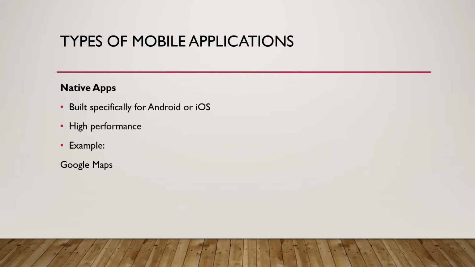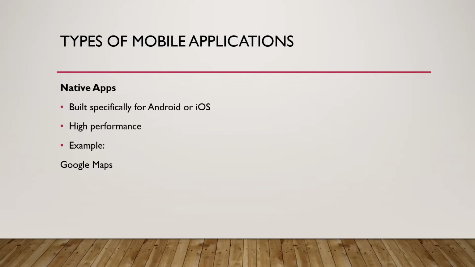We cannot use this app on any other platform. We can only use it on the Android platform. So here we have high performance. An example of a native app is Google Maps. Nowadays we are using Google Maps for navigating routes.